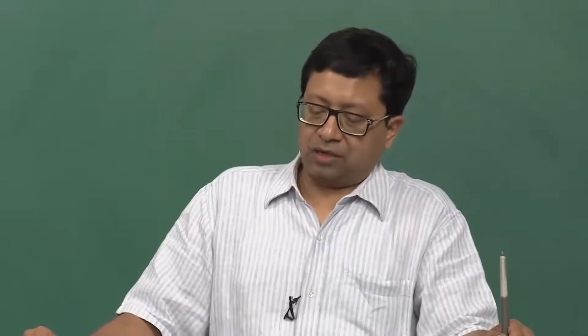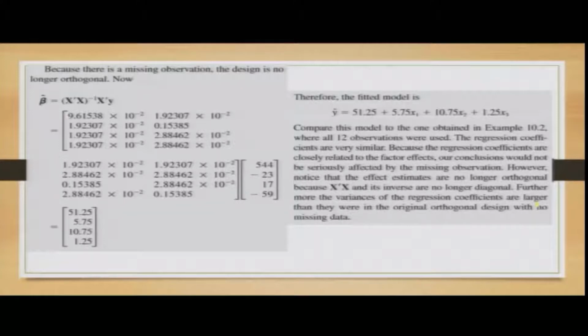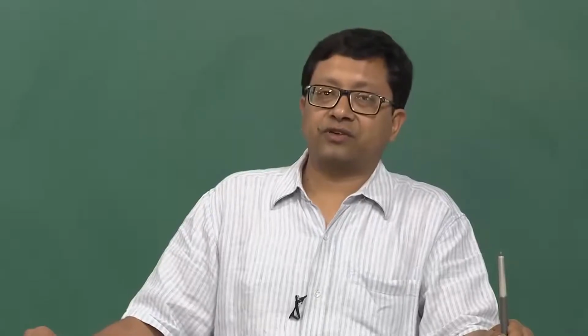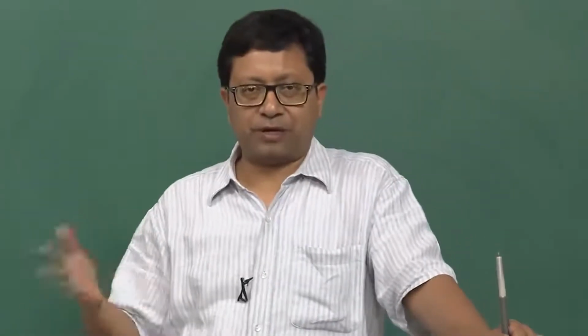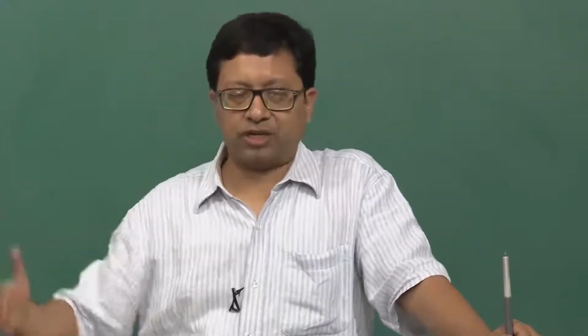Then plus beta 2 hat, which is 10.75 into x2, and its corresponding value is the nth plus 1 for the second variable, plus beta 3 hat, which is 1.25 multiplied by x3, and its corresponding x3 value being the nth plus 1. So, from that we can find out y hat, then find out the difference between y and y hat for the nth plus 1, nth plus 2, nth plus 3. N is basically depending on at which stage you are, which reading you are.